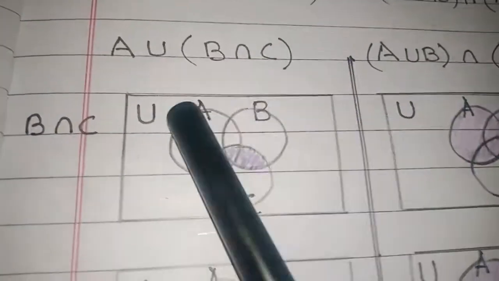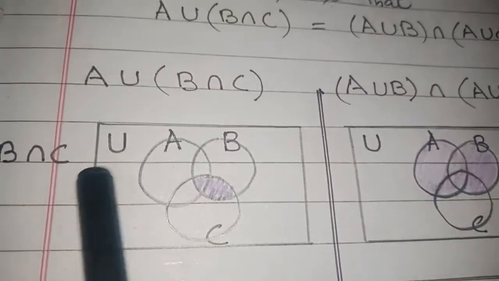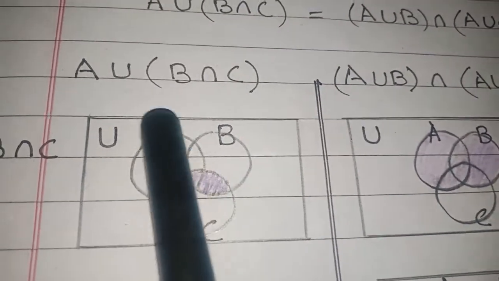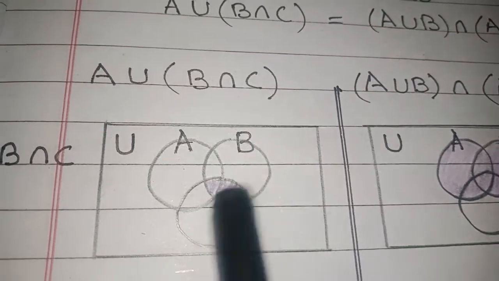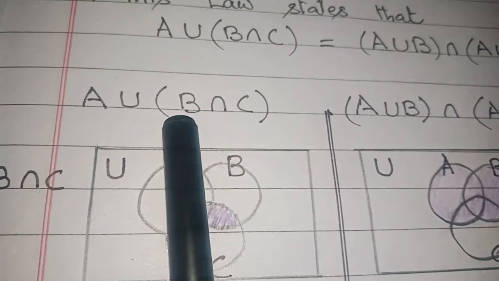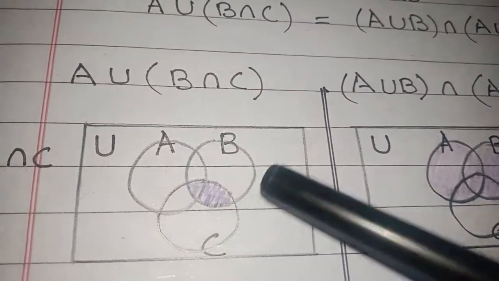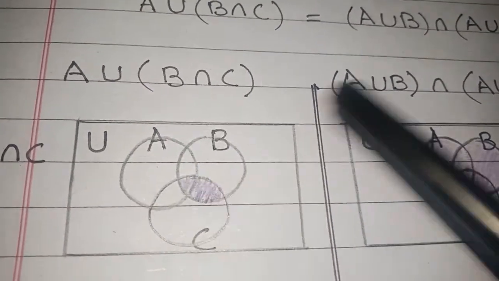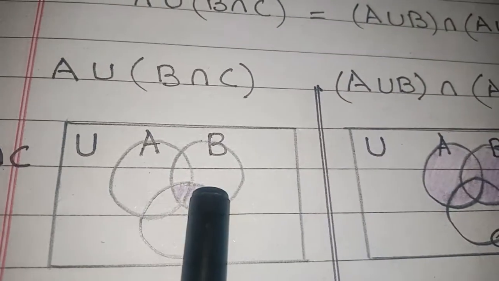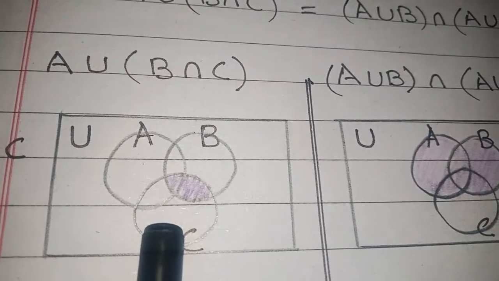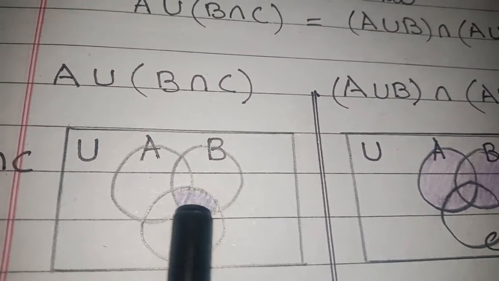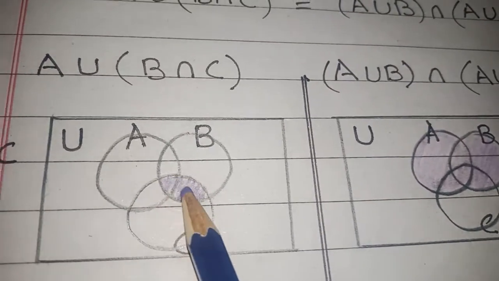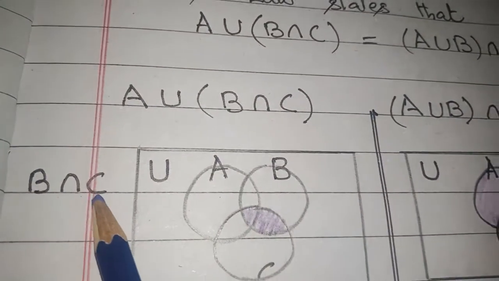It has a rectangle representing the universal set, and three overlapping circles representing sets A, B and C. But now we have to represent only B intersection C. So we'll focus on the circle of set B and the circle of set C, and see which part of circle B is overlapping circle C. I have colored this part. This colored area is the representation of B intersection C.